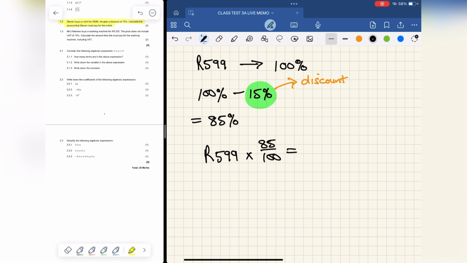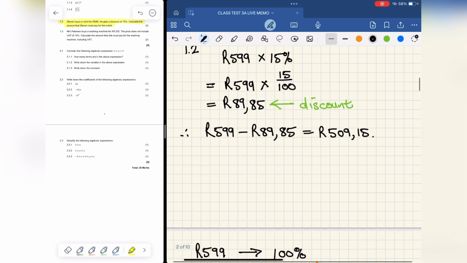And if I do that, I will get the same answer. That will also give me 509 Rand and 15 cents. Same as over here.